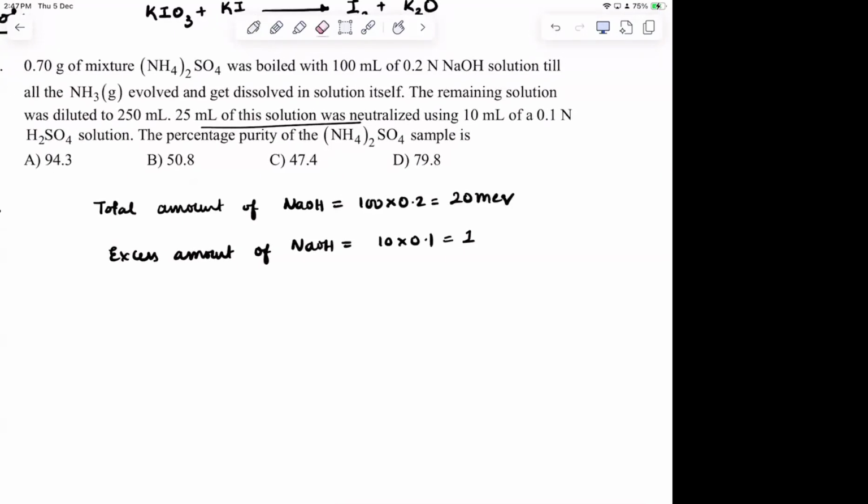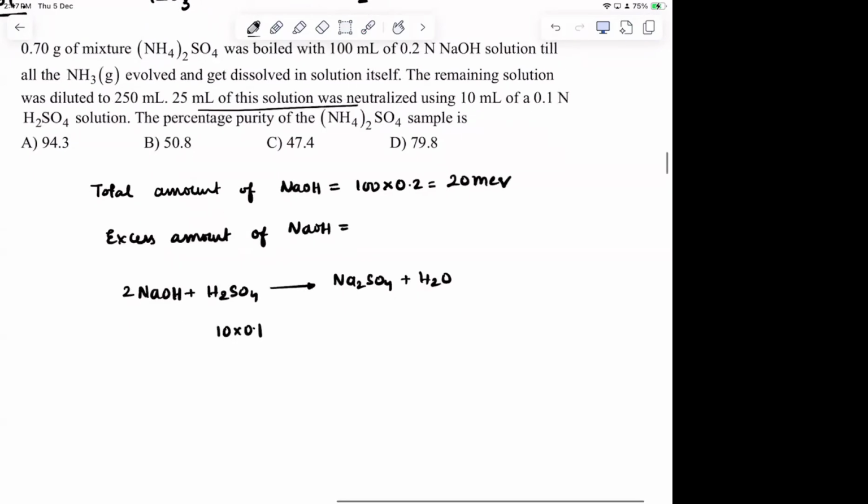No, no, 25 ml of this solution was neutralized with 10 ml of 0.1 H2SO4. So whatever NaOH was left over, 2 NaOH plus H2SO4, is being converted into Na2SO4 plus H2O. So in that case, this value is given as 10 into 0.1 milliequivalents.